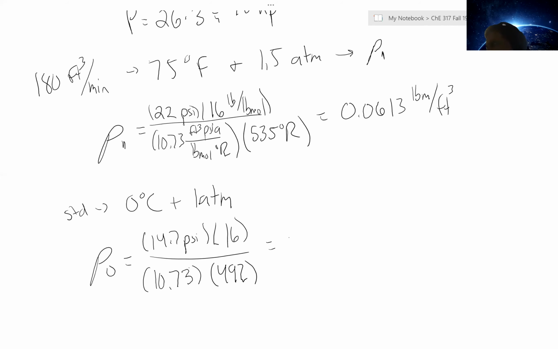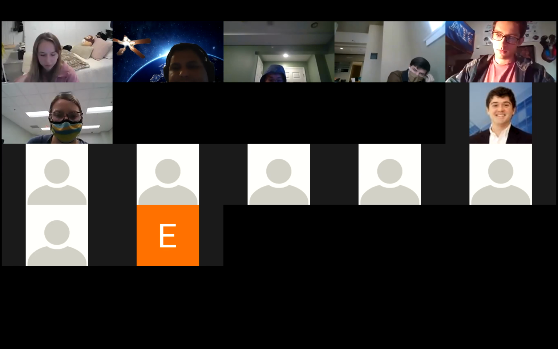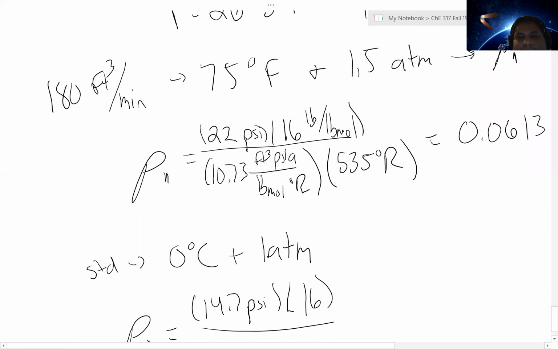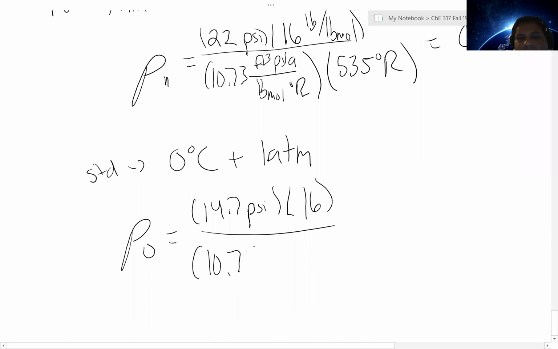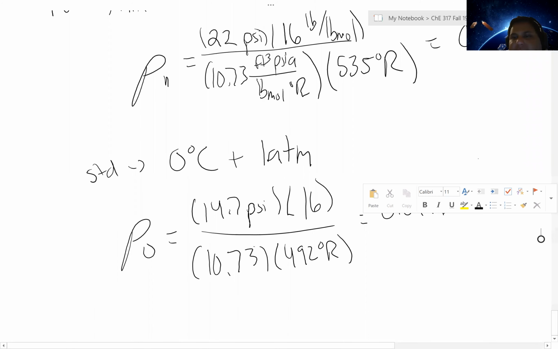So at that temperature and pressure, I get approximately 0.0446 pound mass per cubic foot.